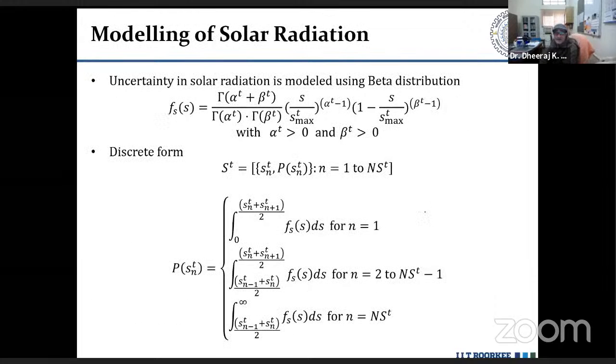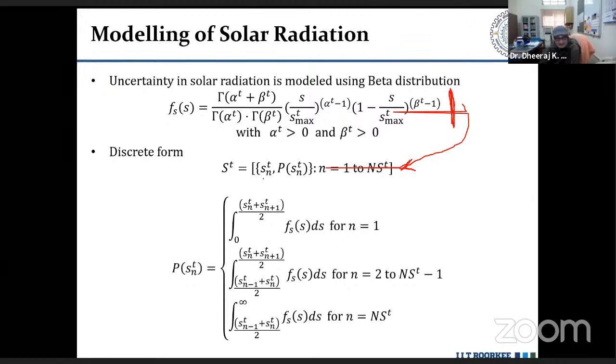So this is how we modeled solar radiation. For each segment, first we computed the value of alpha and beta, which are parameters of this beta distribution, and then we discretized it into a number of states.